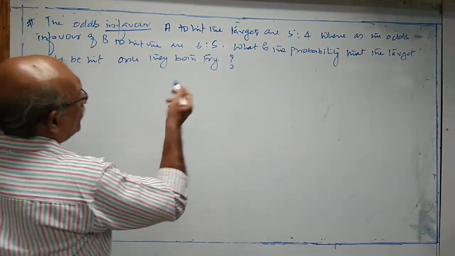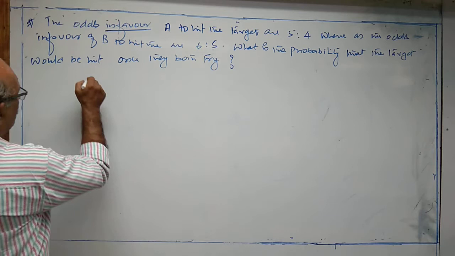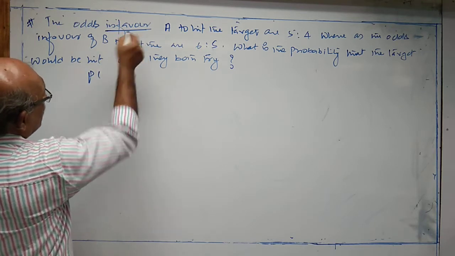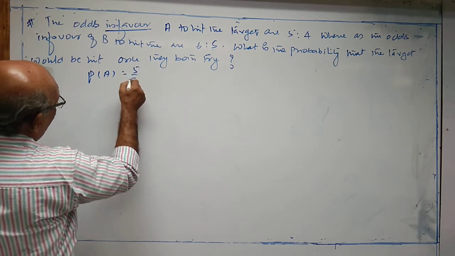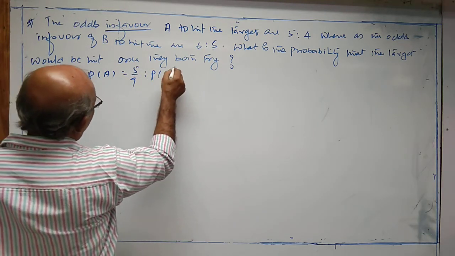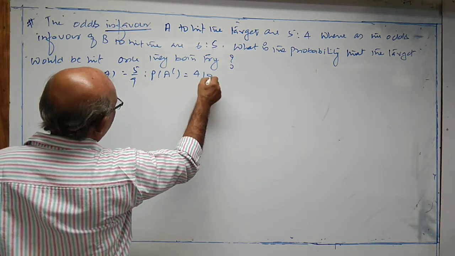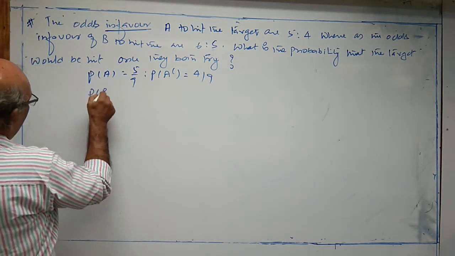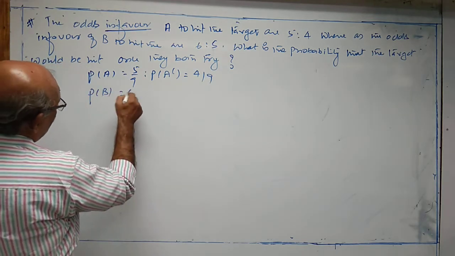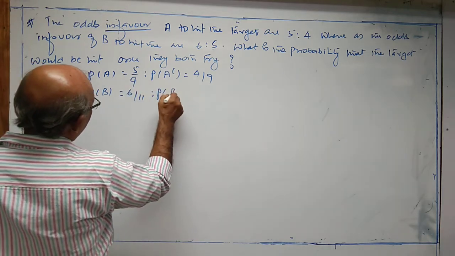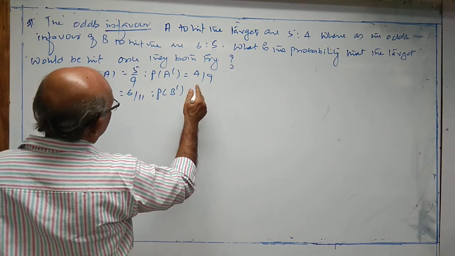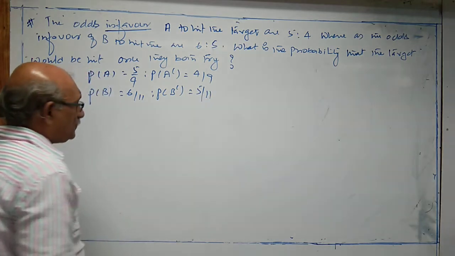So let us convert this ratio into probability. In both the cases it is in favor. P of A is equal to 5 by 9. P of A complement is 4 by 9. P of B is equal to 6 by 11. P of B complement is equal to 5 by 11.